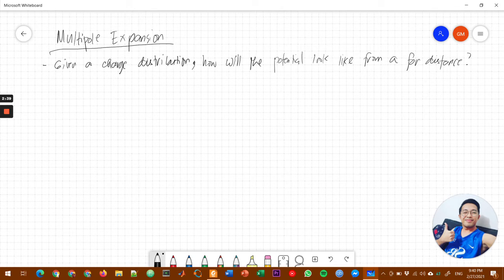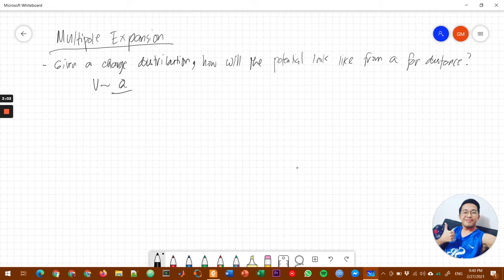So it's far away, so you assume it is a point source charge. If you zoom in, it's actually a charge distribution. Okay, so from a far distance your potential would approximately look like this.